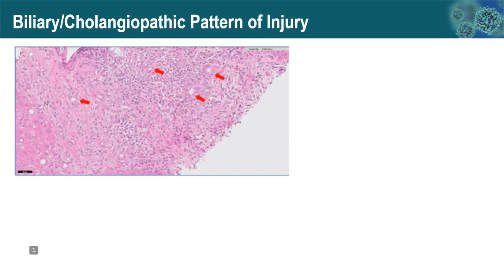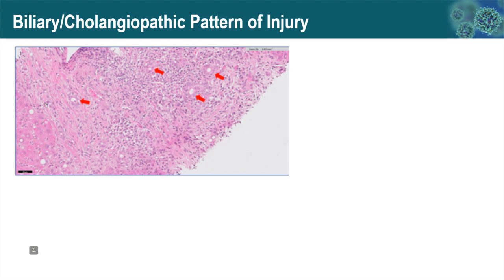One of the rare reported patterns of injury is a biliary or cholangiopathic pattern of injury, as seen by this example over here. The red arrows point to the bile ducts, which show significant biliary epithelial injury with lymphocytic infiltrate, vacuolization, and biliary epithelial dropout.